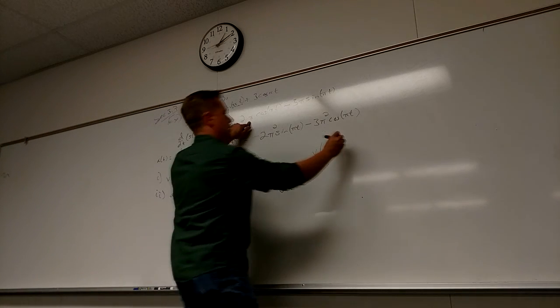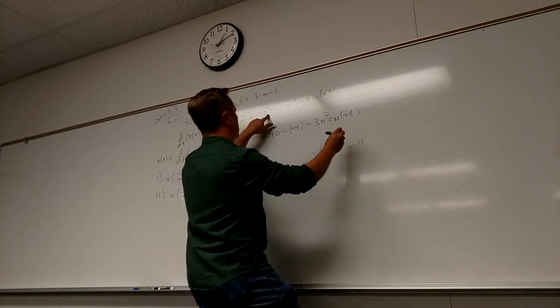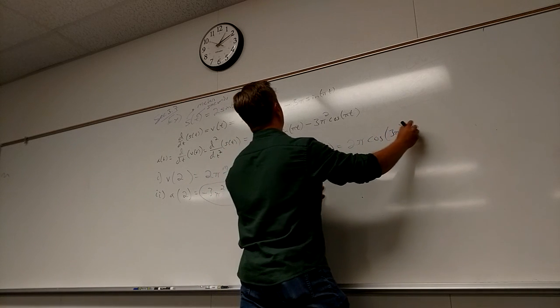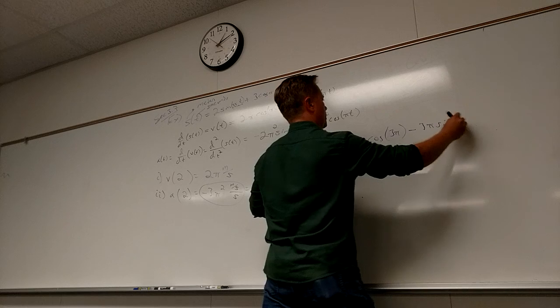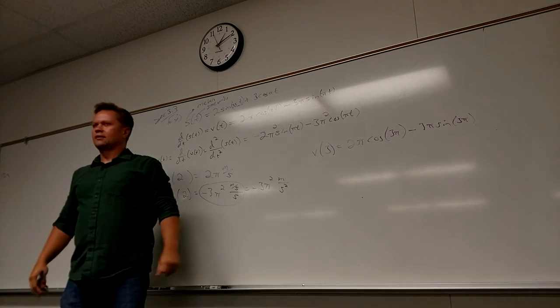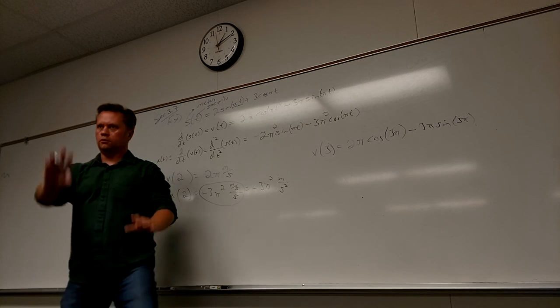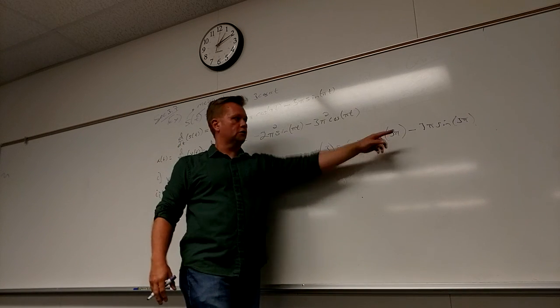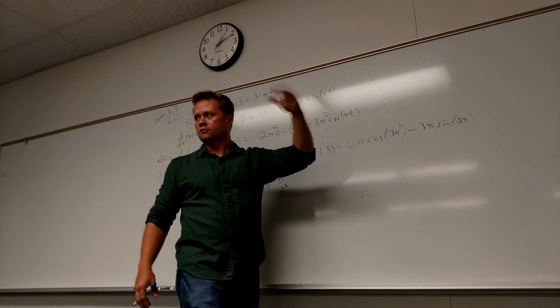So it'd be 2 pi cosine of 3 pi minus 3 pi sine of 3 pi. Now what is cosine of 3 pi? -1. So -1 times 2 pi is -2 pi. And of course sine of 3 pi is 0.